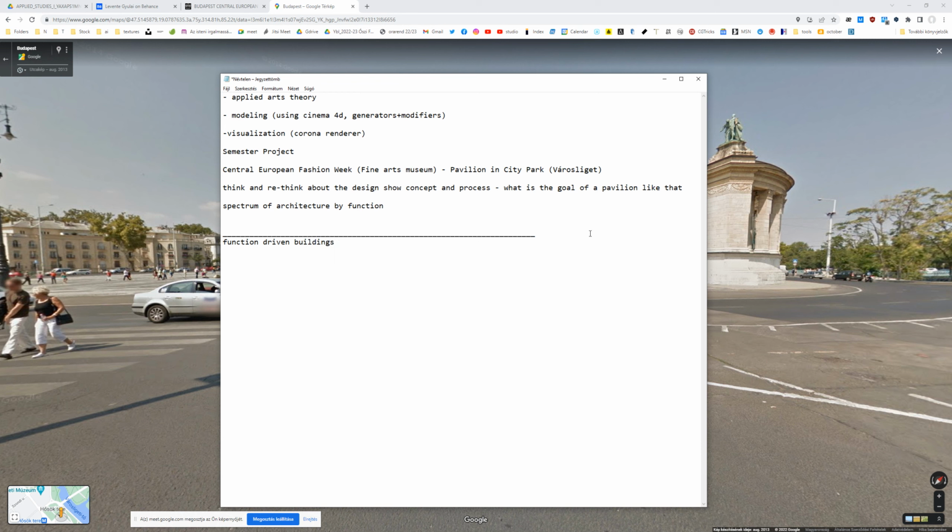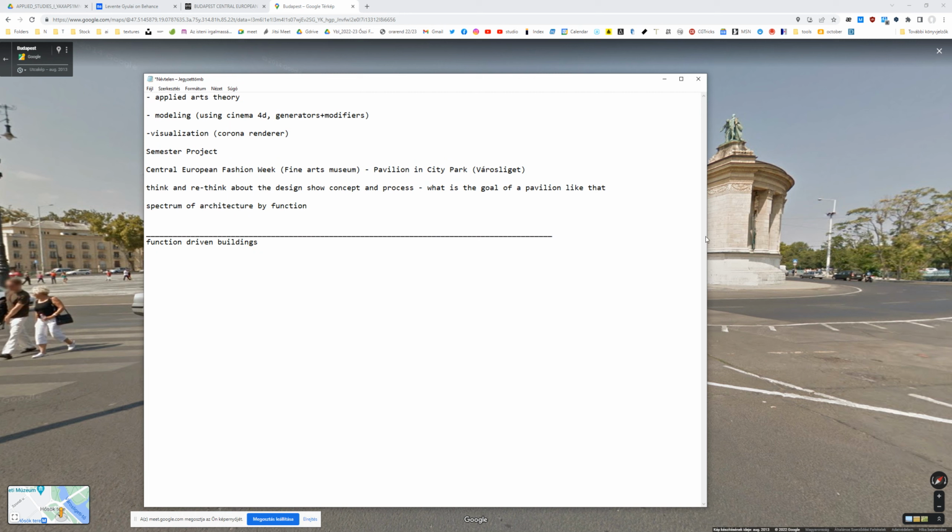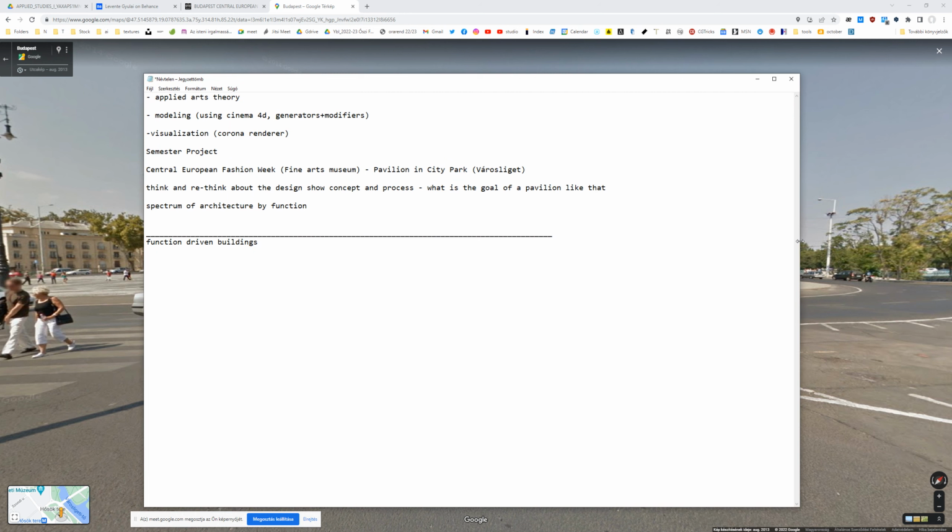Can someone tell me function driven buildings, where literally the function is everything? You cannot unrelate the function, and it's the most important thing when you design a building.